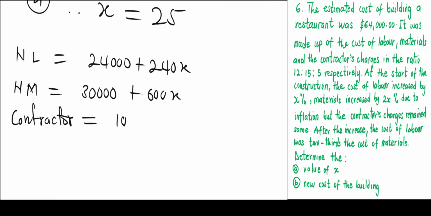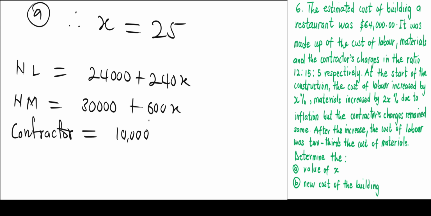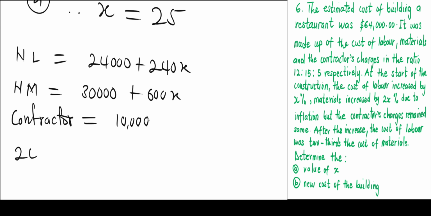It was $10,000. Okay. So it means we need to add all the new cost of labor, materials, then we add the result to that of the contractor to get the new cost of the building or the restaurant. Okay, so now we know the value of x. Whatever is here, we plug in 25. So we are going to get 24,000 plus 240.